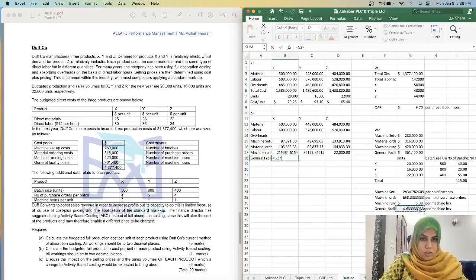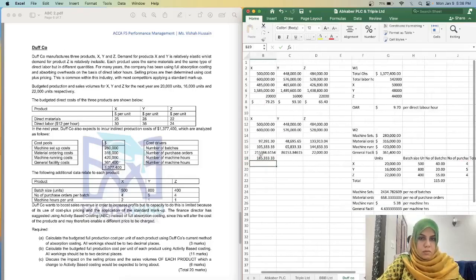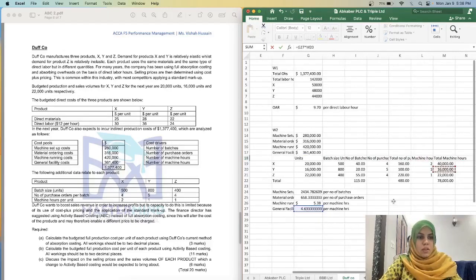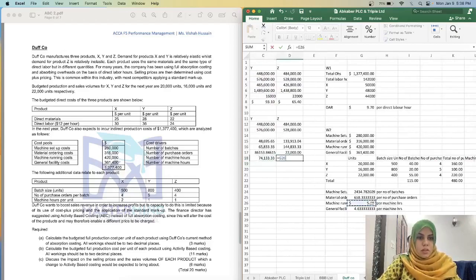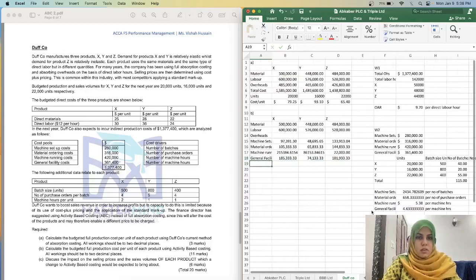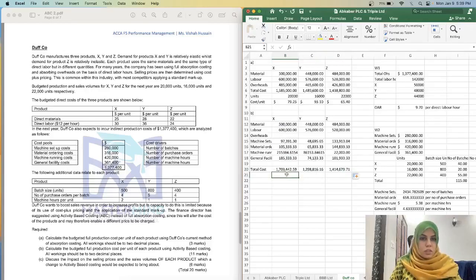Do the same for general facility. I hope this is clear.